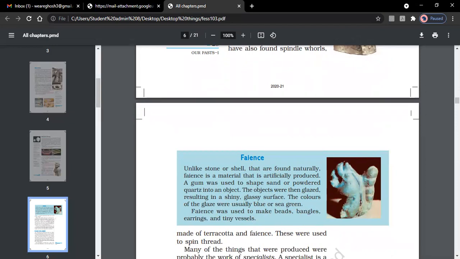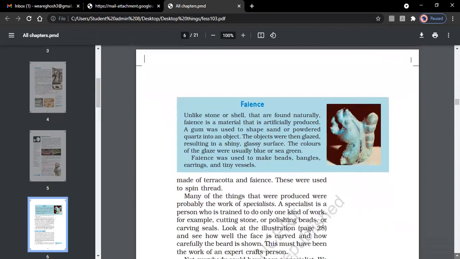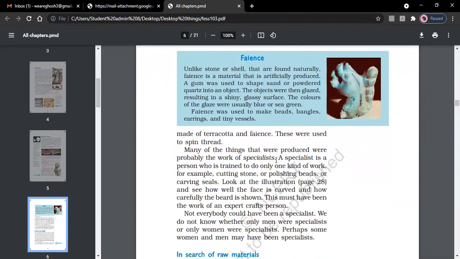The next question is who are the specialists? Underline the word specialist. Questions here can be who are the specialists, and what is the work or job of a specialist.